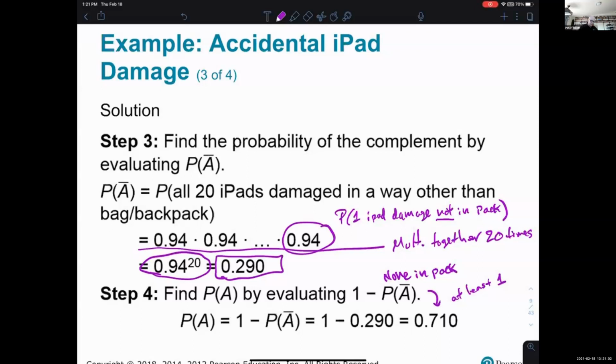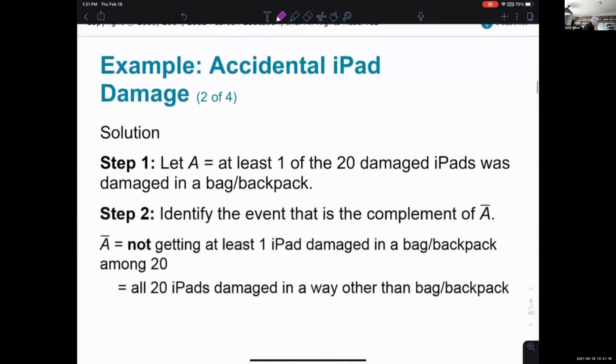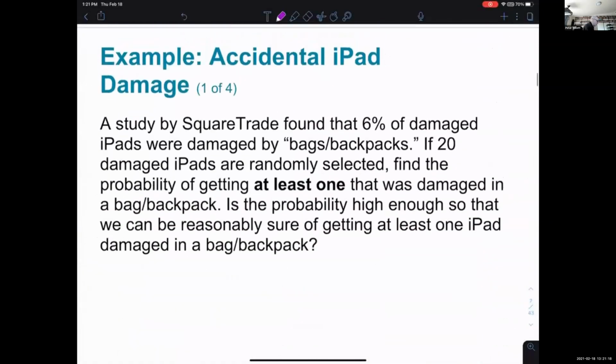Questions, comments, discussions while we have this slide up? I do. I want to know, how did you get the 0.94? So they gave us here, yeah, they didn't even show that. That's a great question. They gave us here that 6% are damaged in backpacks.